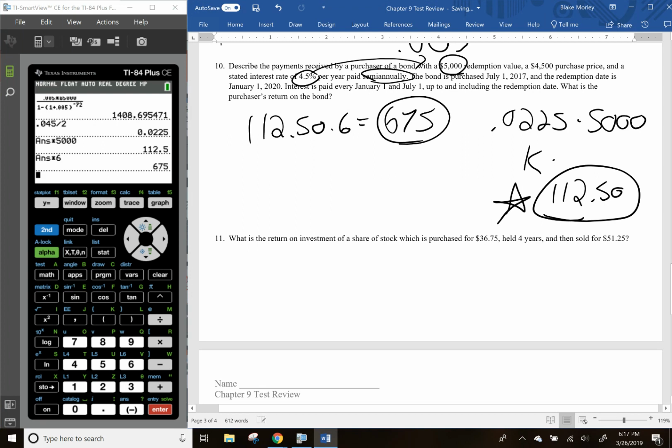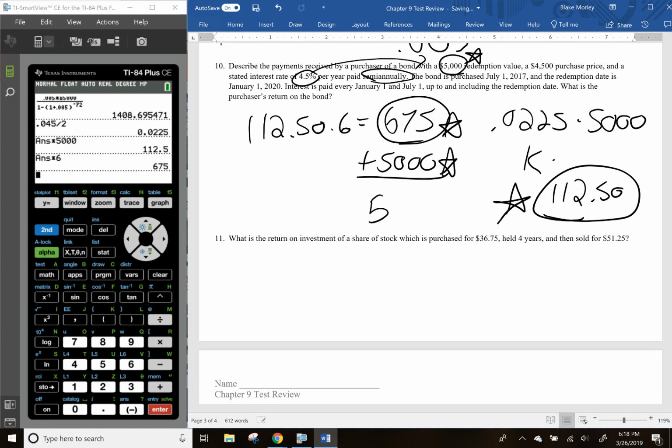So that's how much money I am going to get just in interest. As well as, don't forget to count the $5,000 at the very end. After 3 years, I'll have made $675 in interest, but I also get the $5,000 bond back. So I'm going to make a total of $5,675. Well, I'm not making that money, but that's how much money I am going to receive by 2020.